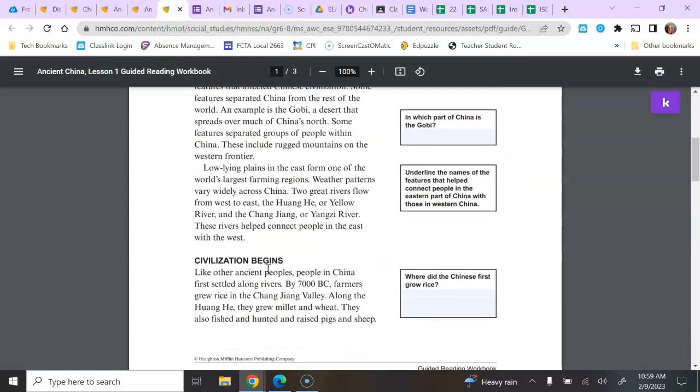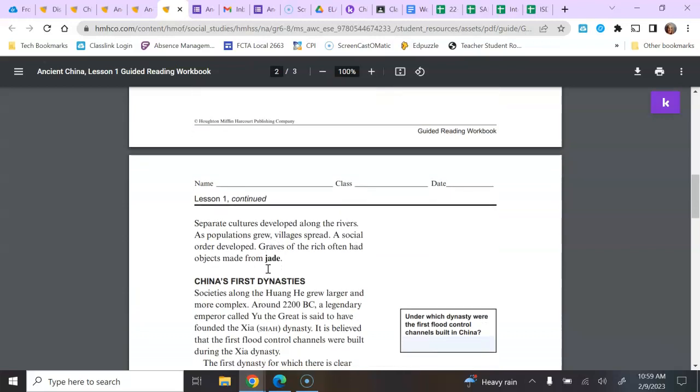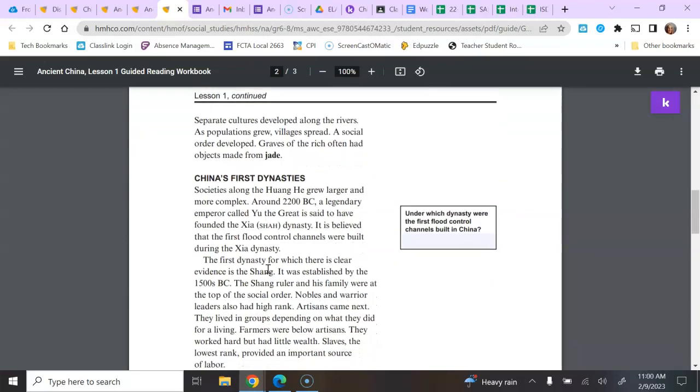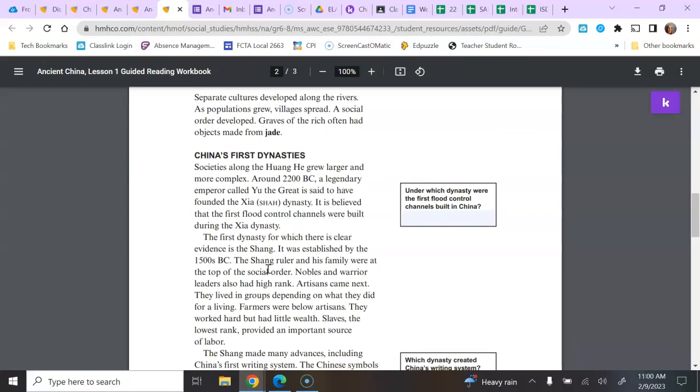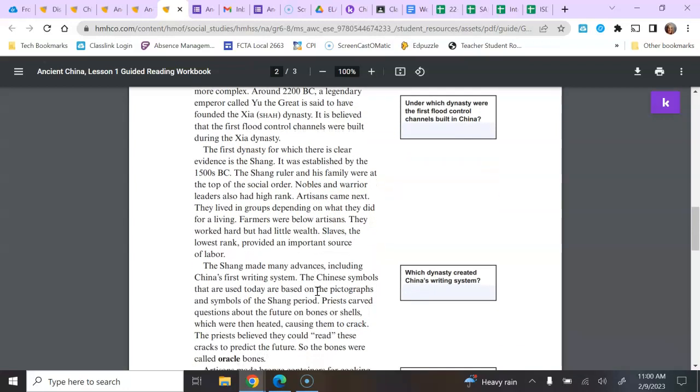So this will be, I believe, in our first lesson, page 72 maybe. I'm skimming and scanning for where I see the words writing.